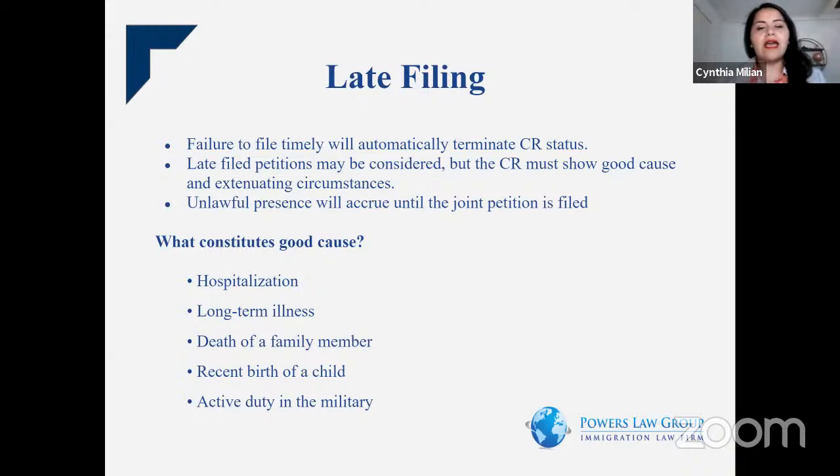We've been successful in filing those. Sometimes it could be a minor error. It could be a few days late, or up to a couple of years. But you just want to make sure that you do this correctly, right?